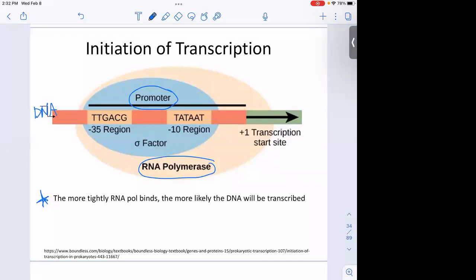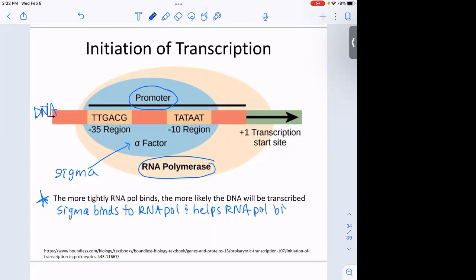Okay, so if it binds only loosely, maybe sometimes it will transcribe it, maybe sometimes not. What depends how tightly it binds? One thing is called the sigma factor. It's lowercase Greek sigma there. Sigma factor binds to the RNA polymerase during initiation and helps RNA polymerase bind more tightly.